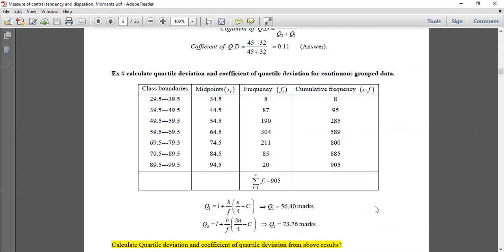So first we need to find the values of L1, L2, and f.